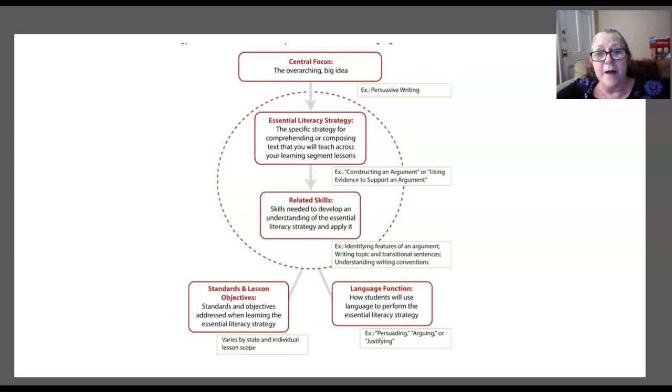So I call it Earl, and plus it's more fun. So you need to look at that document, turn to page 47, and you'll see all of these literacy strategies, the related skills, and so this is like your thinking organizer. This would be a great thing to sit down and just jot down ideas.